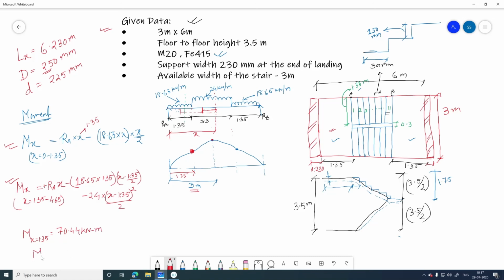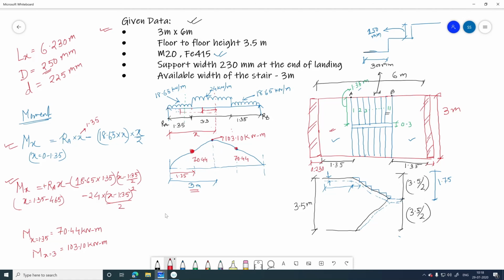And Mx at x equals 3 meter, you will get 103.10 kilonewton meter. So at these two points, the moment value is 70.44 and here it is 103.10 kilonewton meter. Look, this is the exact process of how you can determine the maximum moment.